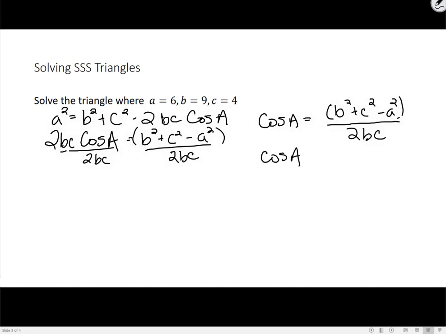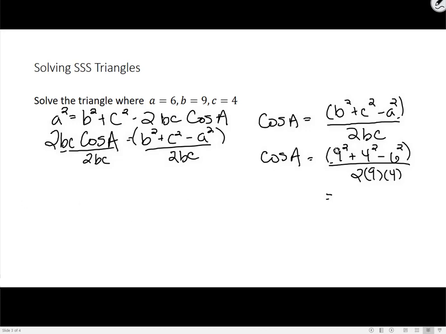So cosine of A equals 9 squared plus 4 squared minus 6 squared, and then divided by 2 times 9 times 4. I'm going to put this all at once into my calculator.